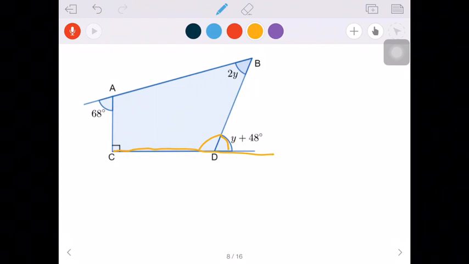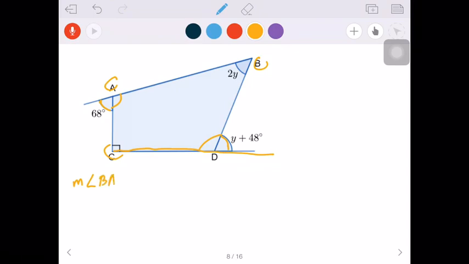So let's say we start with 68 degrees. 68 degrees is right here, and this is your interior angle adjacent to that, which is angle BAC. So we first find the measure of angle BAC so that we can slowly but surely complete the parts of our quadrilateral in terms of its angles.